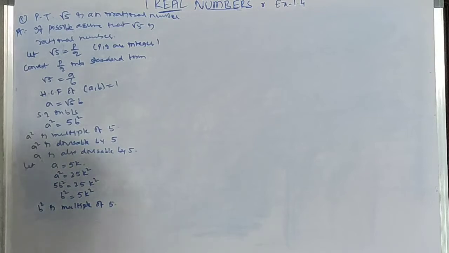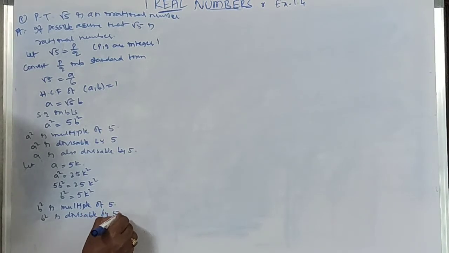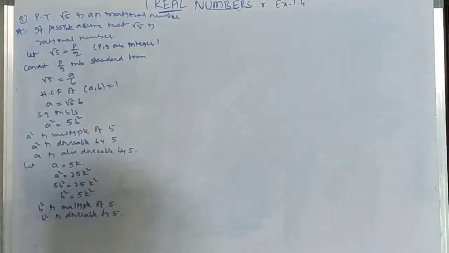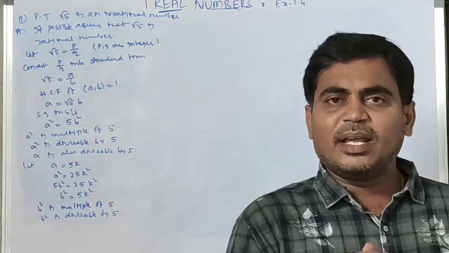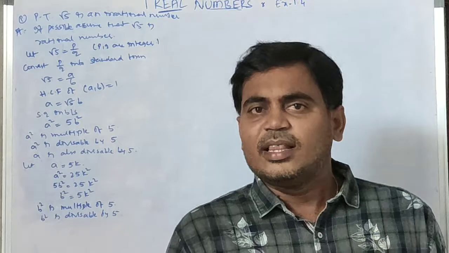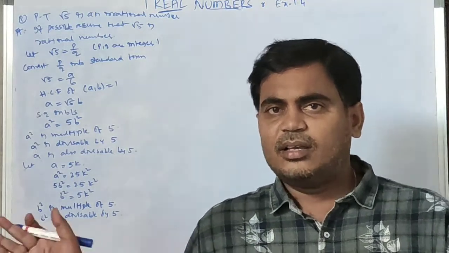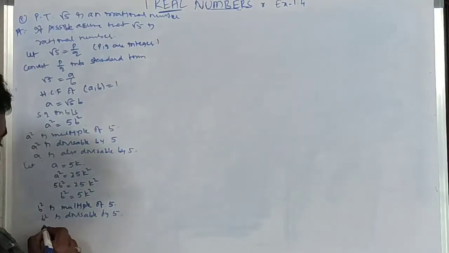B square is divisible by 5. By the previous statement, if a prime number divides a square, then it also divides a. Next, b square is divisible by 5, which is nothing but b is also divisible by 5.